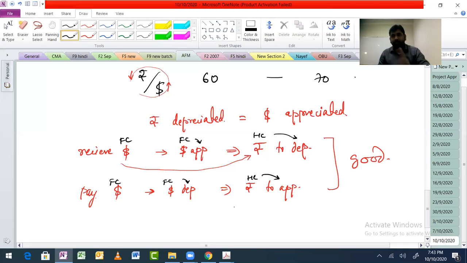If it doesn't work that way, then it is bad for you. Again, I have to pay $1,000. The rate is 60. So I will pay 60,000 rupees and this liability will be over. But then rupee fell. It became cheaper. Now it is 70. So now I will have to spend 70,000 rupees to get over with this liability, right? Not good for me.